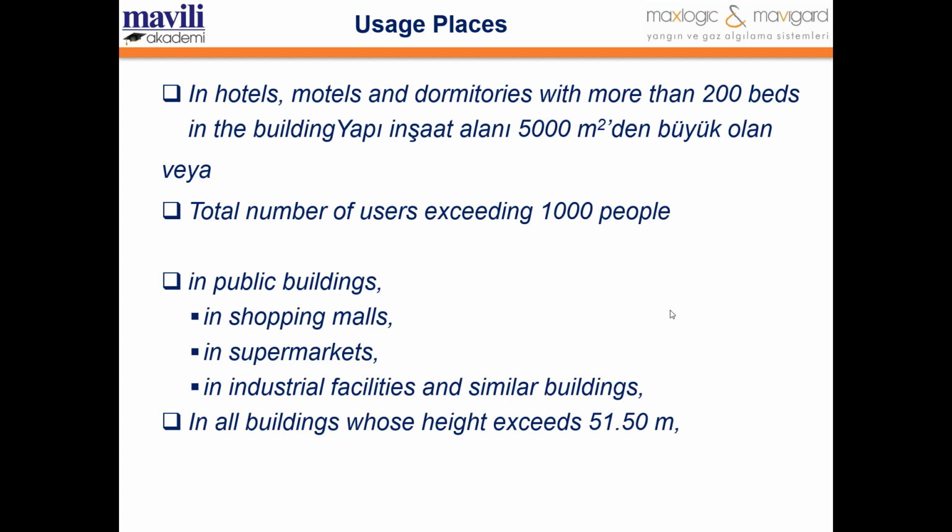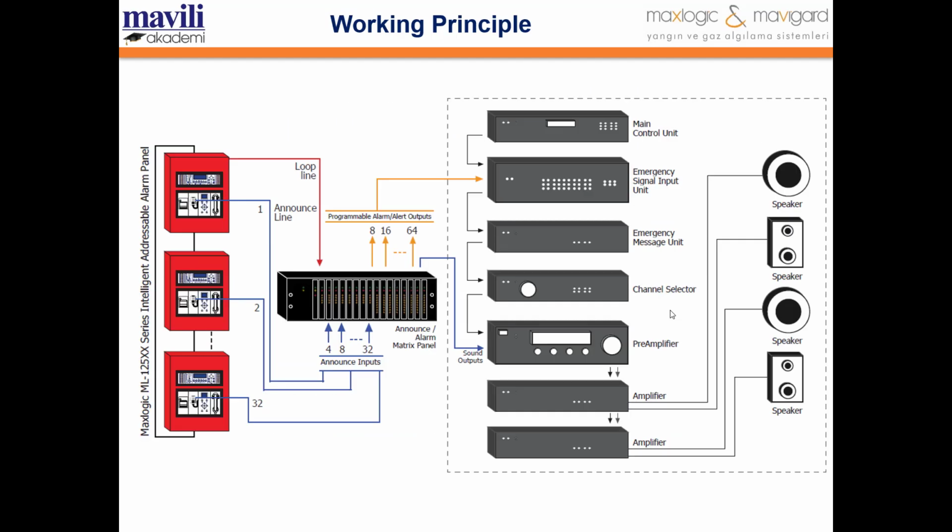In hotels, motels, and dormitories with more than 200 beds in the building, construction area greater than 5,000 square meters, total number of users exceeding 1,000 people, in public buildings, shopping malls, supermarkets, industrial facilities and similar buildings, and in all buildings whose height exceeds 51.50 meters.